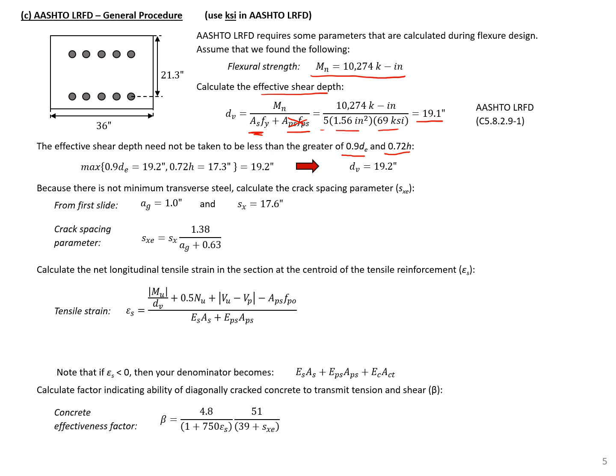So for us, 0.9 de is 19.2 inches, and 0.72 h is 17.3 inches. So the max of these is 19.2, so that means that our dv doesn't need to be less than that value. So we'll use a dv equal to 19.2 moving forward.